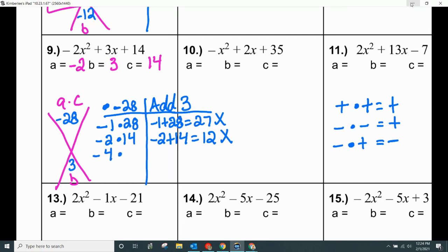And if you're not good at your times, then divide and say -28 divided by -4, it'll tell you the number. Well, it should be 7. Okay, so -4 plus 7 equals 3. Boom. That's my magic combo. It worked. And we have the signs right. The 4 does need to be negative, and the 7 needs to be positive.